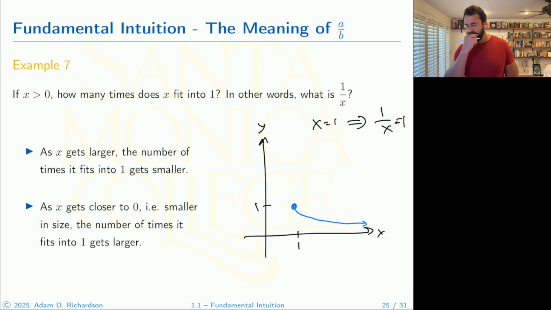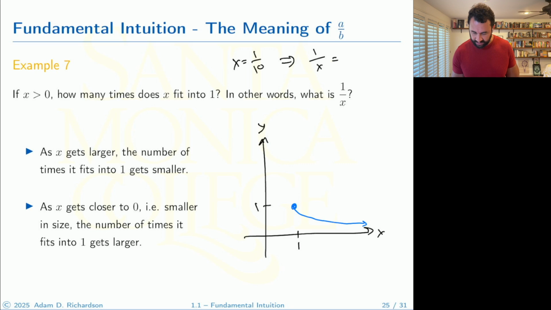Now let's pick numbers that are smaller than 1 in size. What if x is 1/10? Let's try that. So I'll say x is equal to 1/10. Well, then 1 over x is equal to 1 over 1/10. Now don't fret. We've got fractions and fractions here. I know that may leave a bad taste in your mouth or trigger your anxiety.